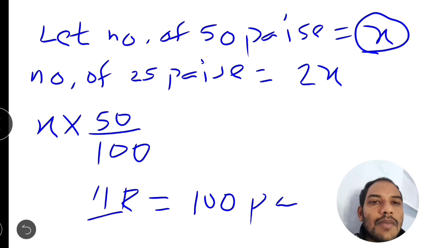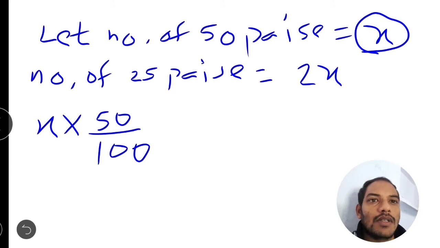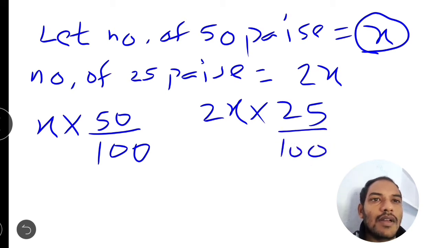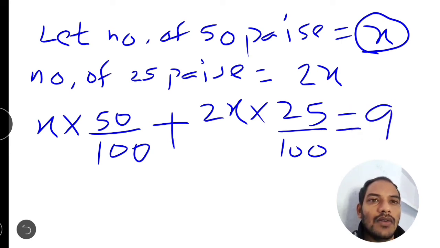So 50 paise equals 50 by 100 rupees. Next, similarly 2x 25 paise coins are there, so the value is 2x into 25 paise converted into rupees, 25 by 100. If you add these two values, it equals 9 rupees as per the question.